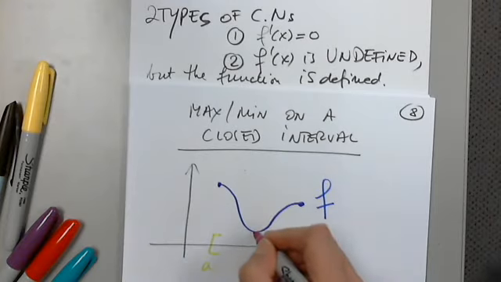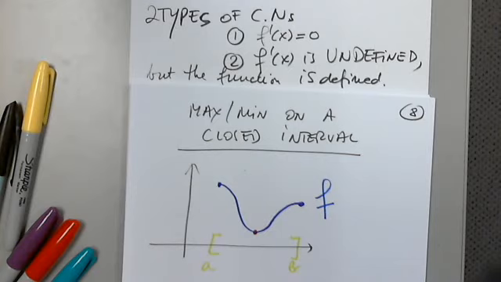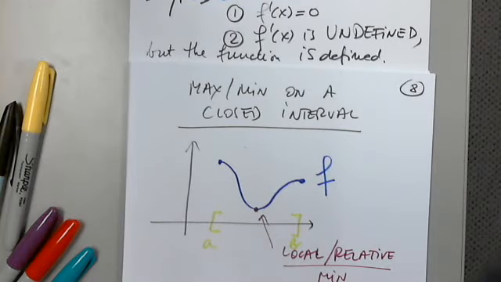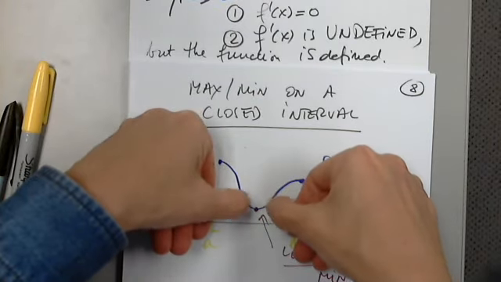Now, this point is definitely the minimum. It is the minimum point, and it will be called local. Also, we use interchangeably local or relative. So please get used to both. Some books use local, some use relative. Minimum. Why is this a local minimum? Because I can show the open interval.